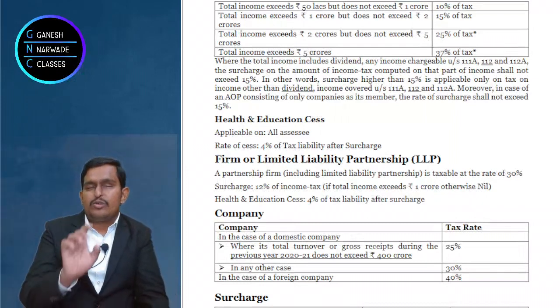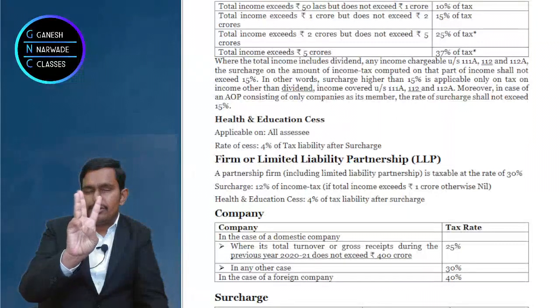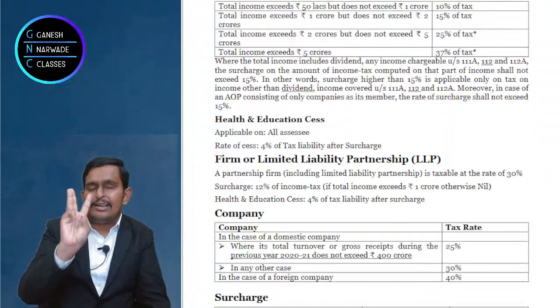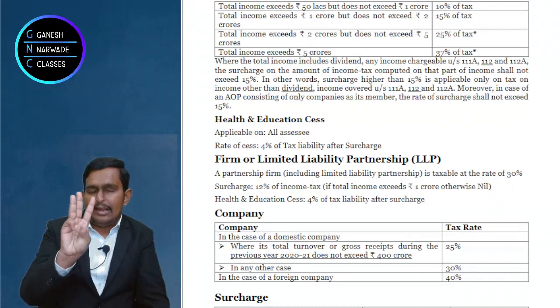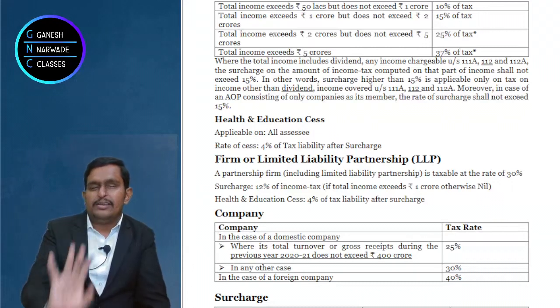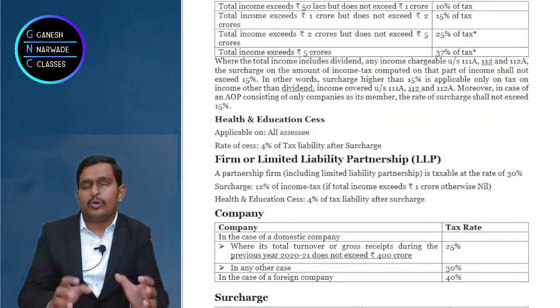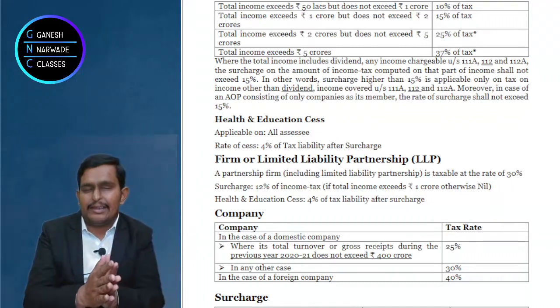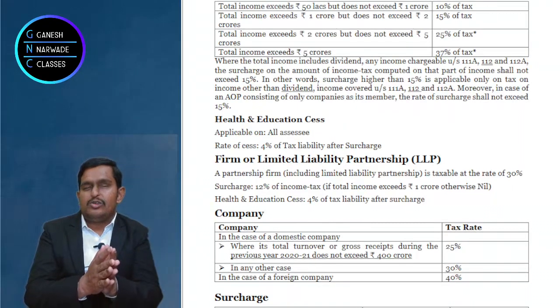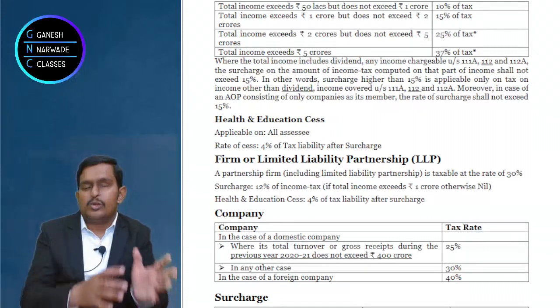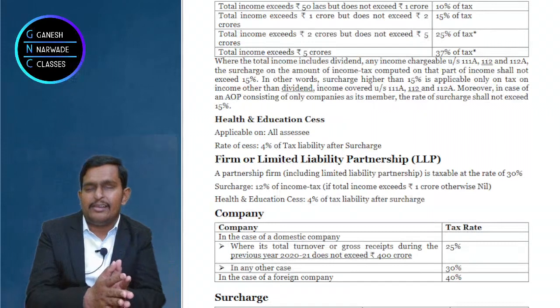So till now I spoke about items. One is dividend income, one is short term capital gains under 111A, third is long term capital gains under 112A, and fourth is long term capital gain under 112, like you sold your building and got capital gains, right? You sold some machinery and earned capital gain, you sold gold and earned capital gain, right?